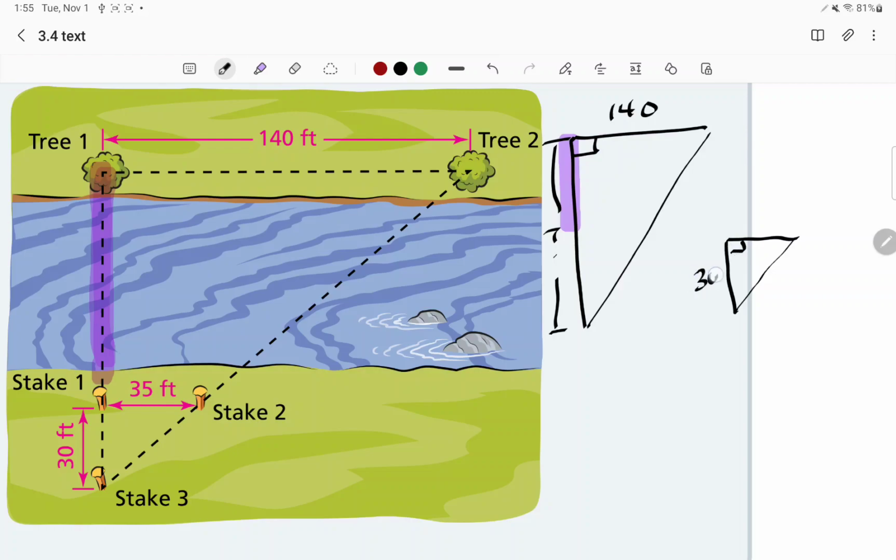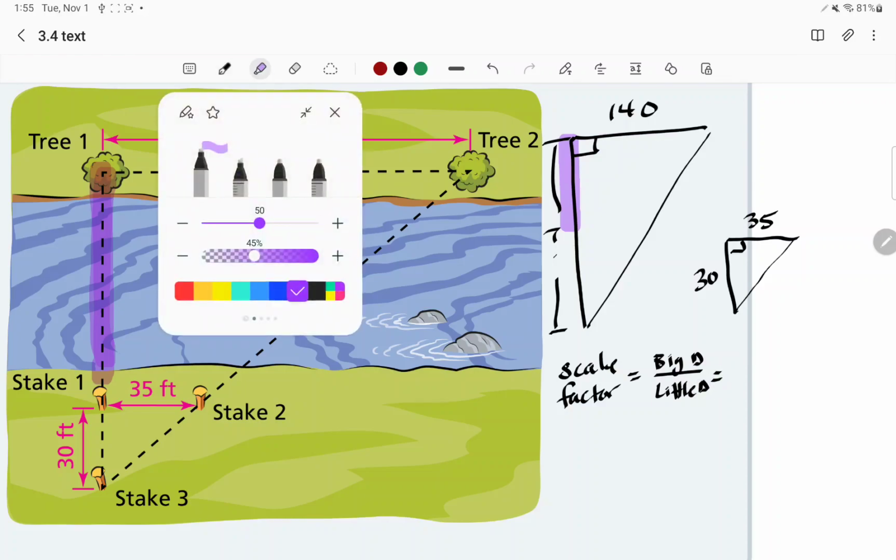I know that this is 30 feet. This is 35 feet. So let's figure out what my scale factor is. In order to do that, I need to figure out what my ratio is. So my ratio, I'm going to do big triangle to little triangle. I need to find corresponding sides.